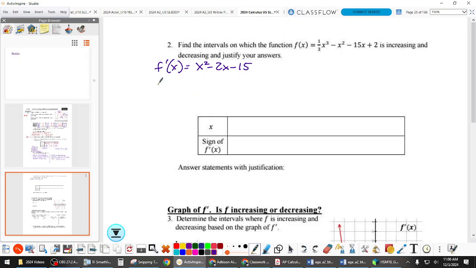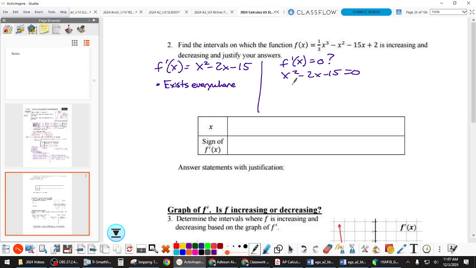So it exists everywhere, right? So that's not going to be an issue. So this is where we'll check f prime equaling 0. How do you solve for zeros there?